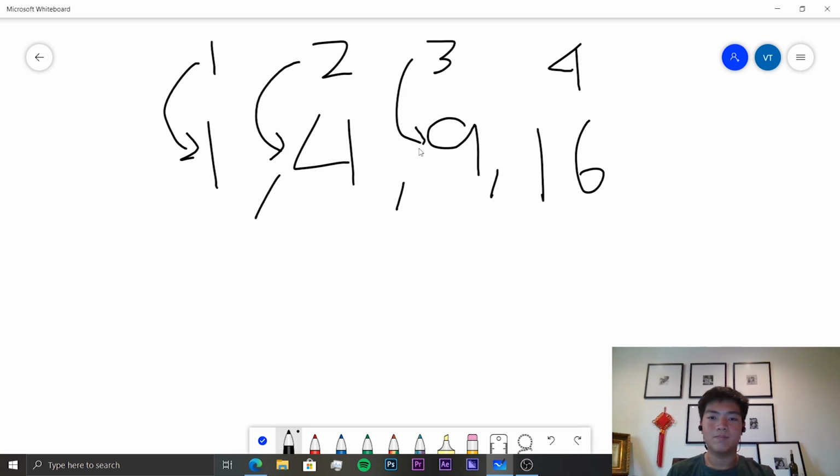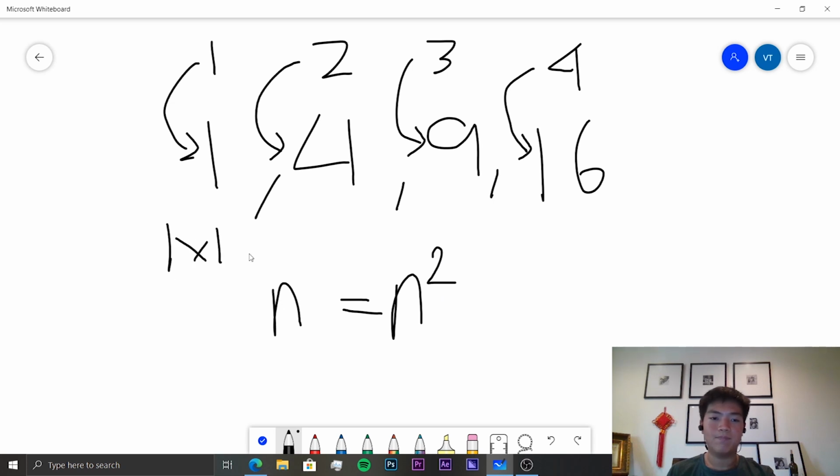The third term is 9. And the fourth term is 16. So we know that the rule for the sequence is that for the nth term, the value is n squared, right? Because 1 times 1 is 1, 2 times 2 is 4, 3 times 3 is 9, and so on.